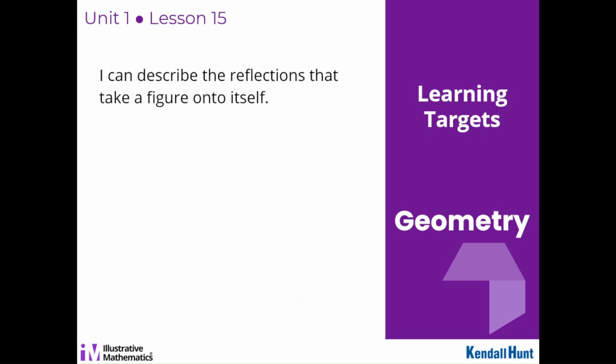Something such as a square or a circle or an equilateral triangle. Being able to say, if we reflect across that line of symmetry, then the image that's created will be exactly the same.